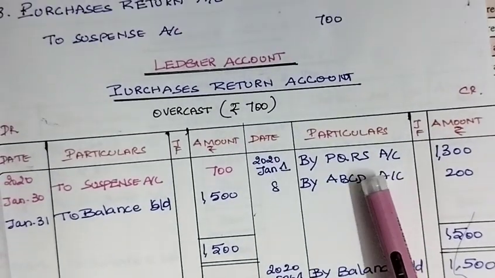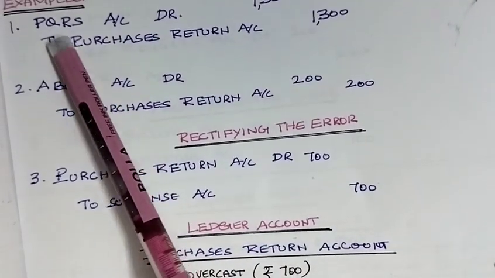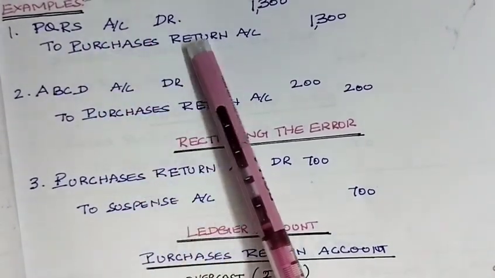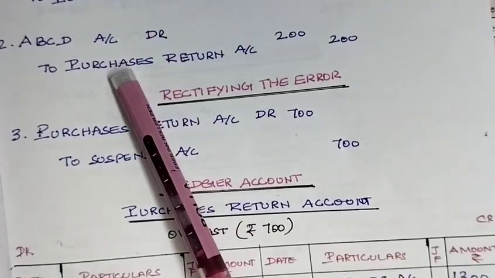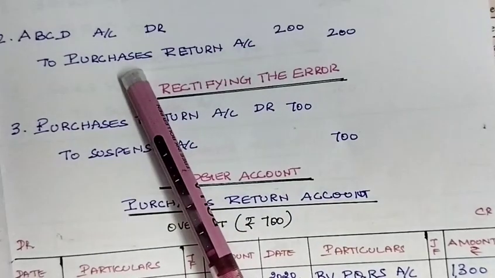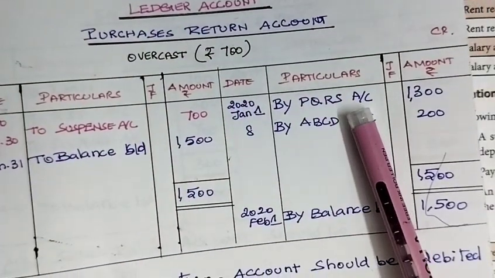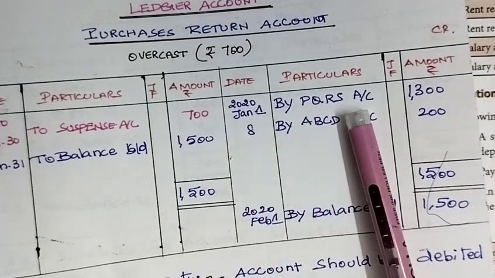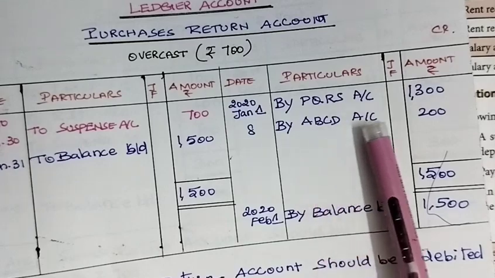So which account is to be the opposite here? For PQRS, the purchases return opposite account is PQRS. From the purchases return account, ABC account is also an opposite account. So you have to enter on the credit side by PQRS account 1300, by ABC account 200.